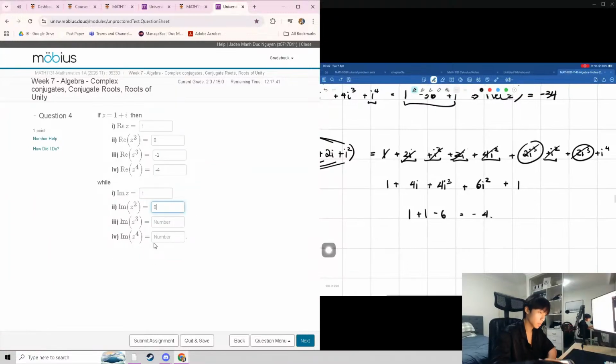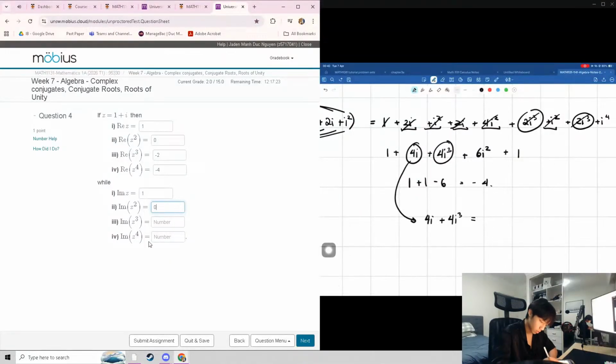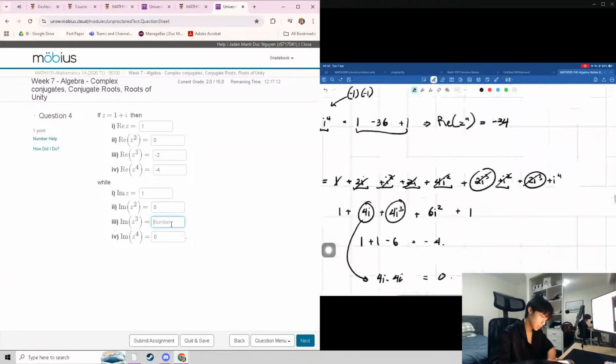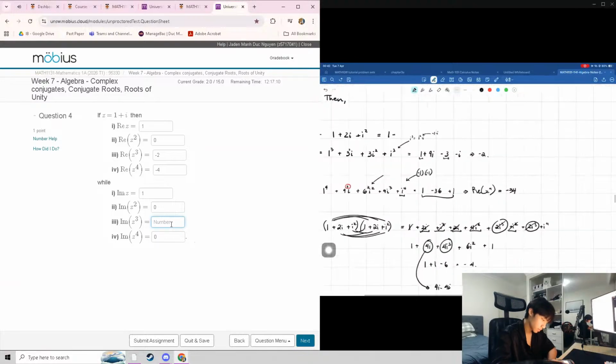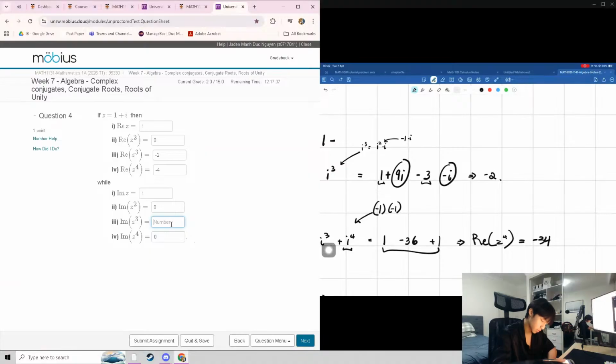Okay, imaginary. Let's actually find the imaginary part of this. 4i, yep, 4i plus 4 i cubed. This is minus i. So basically, 4i minus 4i is equal to 0. There is no imaginary part for z to the 4th. For z cubed, this part and this part, we have 8i.